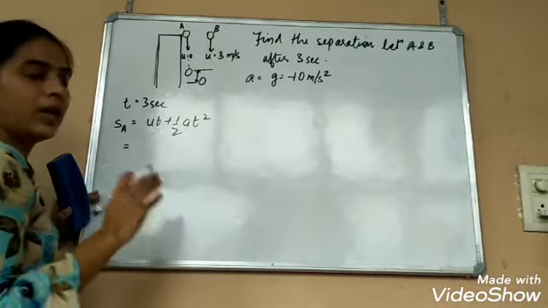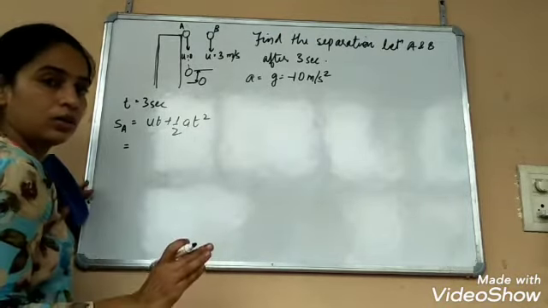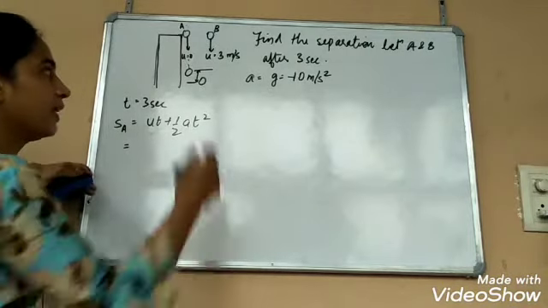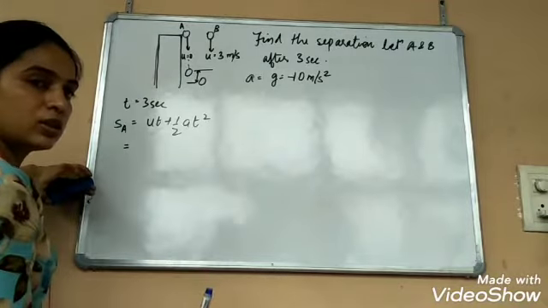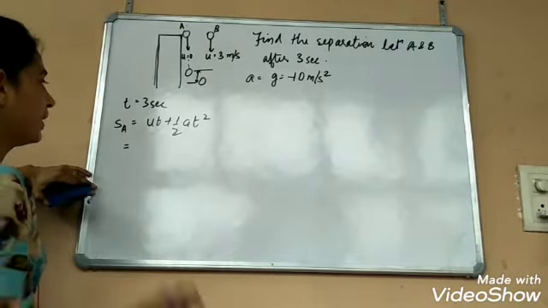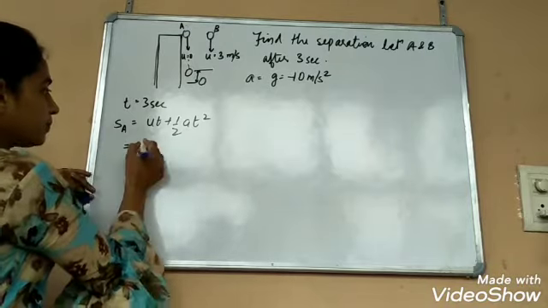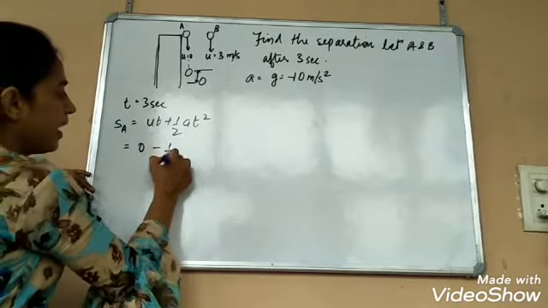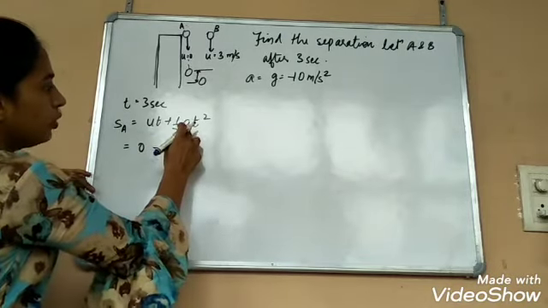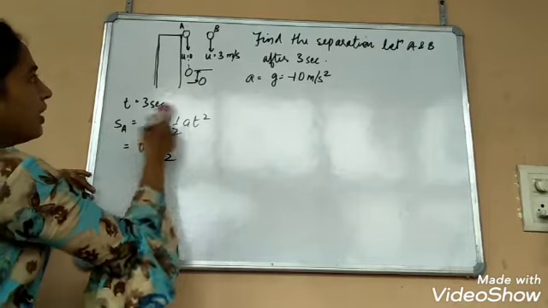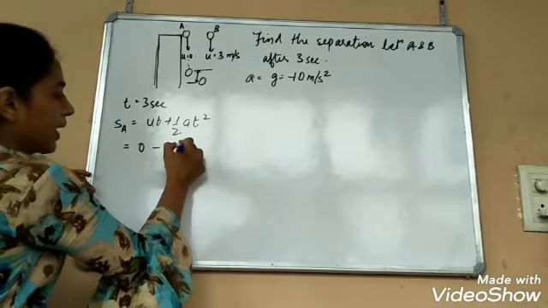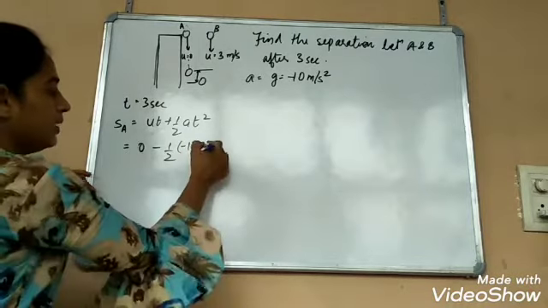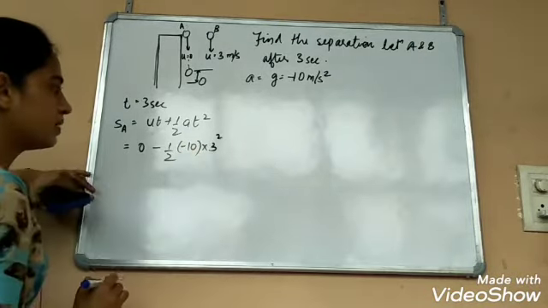Time and distance are not dependent on the frame of reference. Acceleration will be taken as negative, velocity will be taken as negative because it is going down. Displacement will be taken as negative. Here it is displacement. u for A is 0. Minus half, acceleration of A is minus 10, because you always take it minus, into time given as 3 squared.